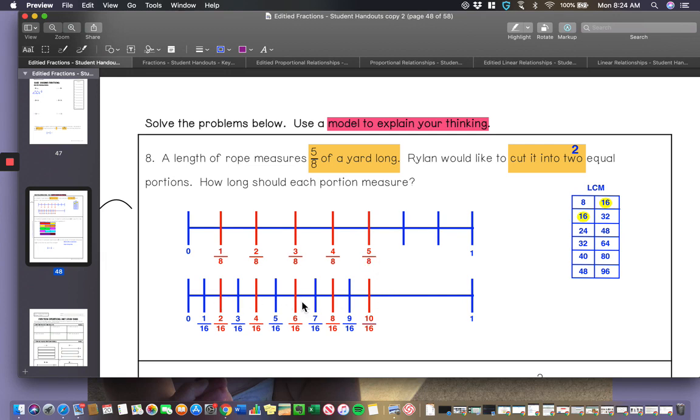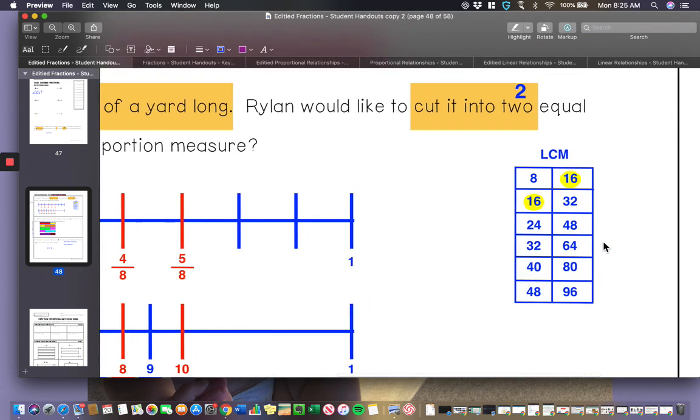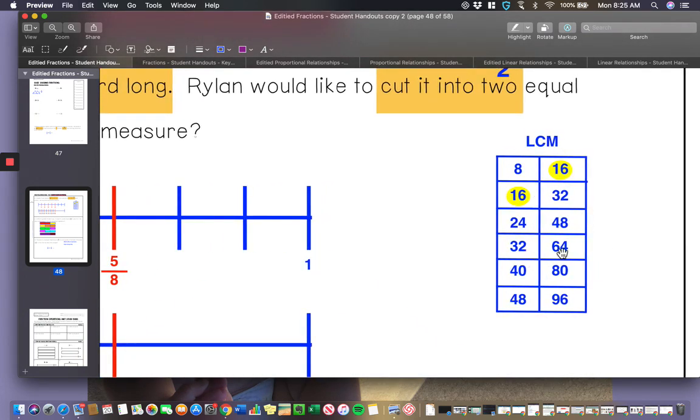And then I'm going to partition this second number line. But first, when you are creating equivalent fractions on number lines, if I want to find the equivalent fraction to 5/8, I need to find its least common multiple. When you're doing least common multiples, you can make a least common multiple chart over here.